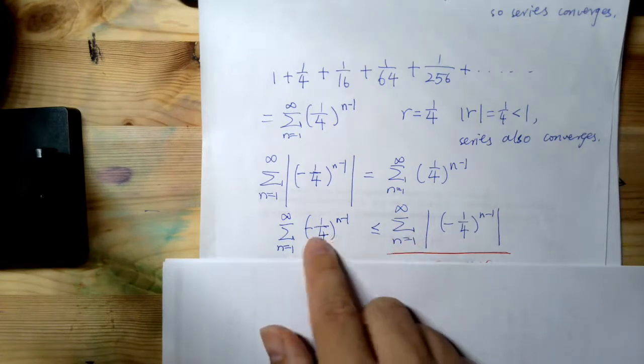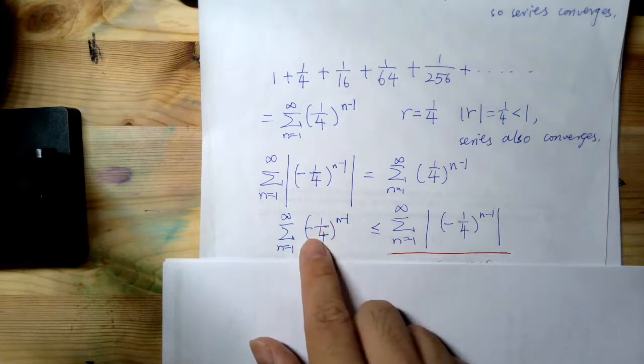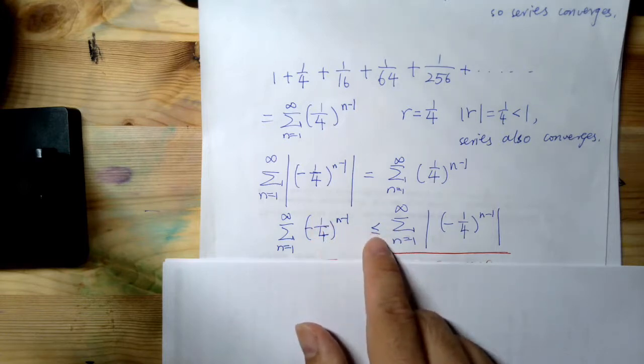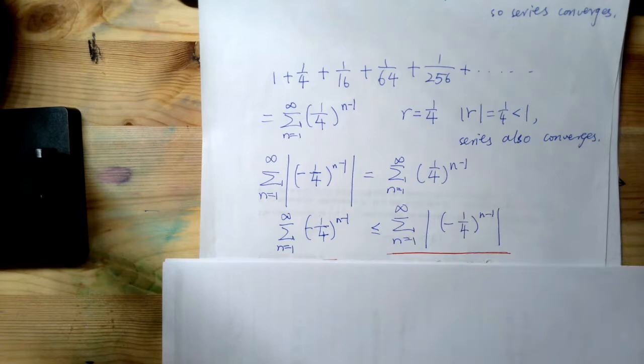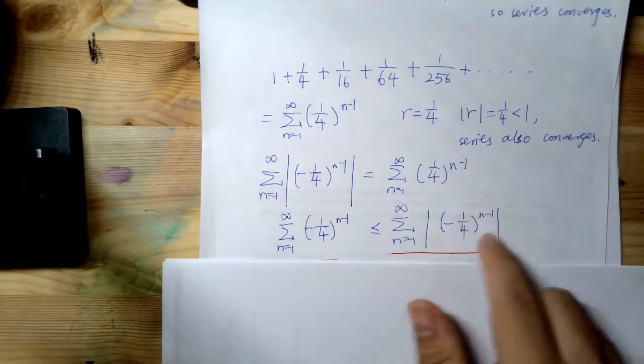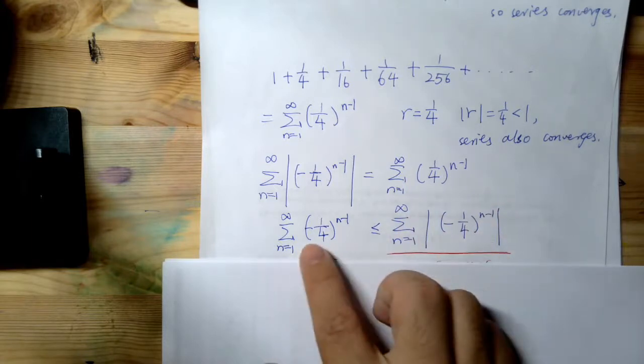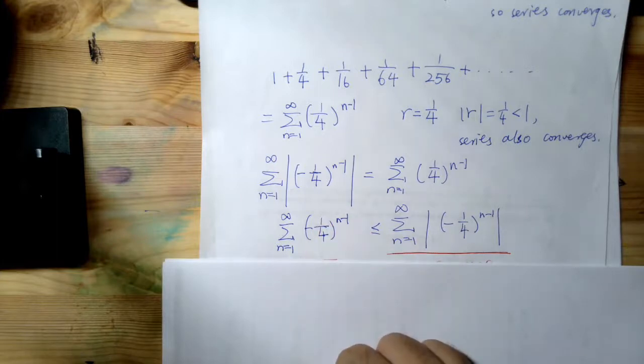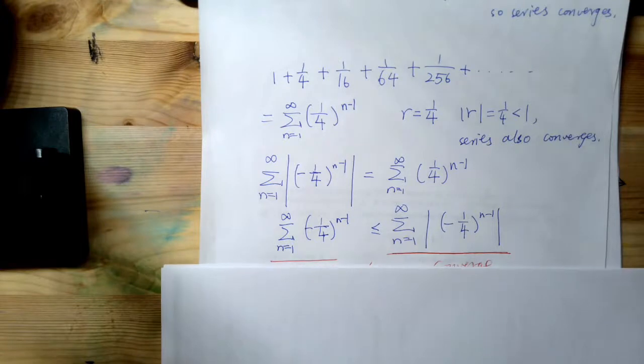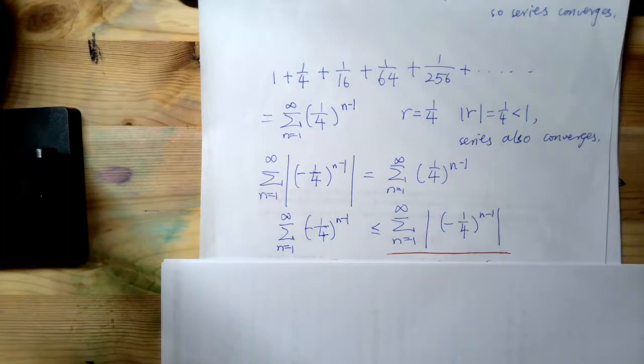Because no matter whether this a_n part is positive or negative, this inequality holds all the time. And based on the direct comparison test, we know that if the larger series converges, then the smaller series also converges. So in this situation, we're going to introduce a concept called absolutely convergent.